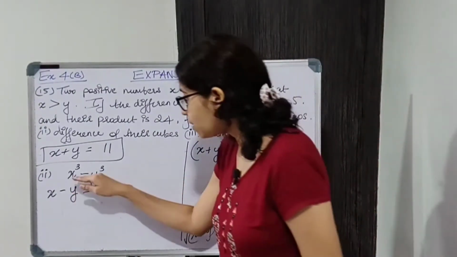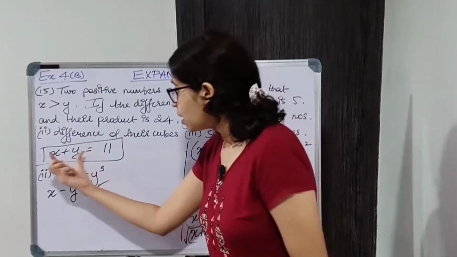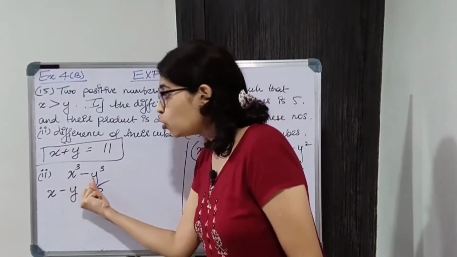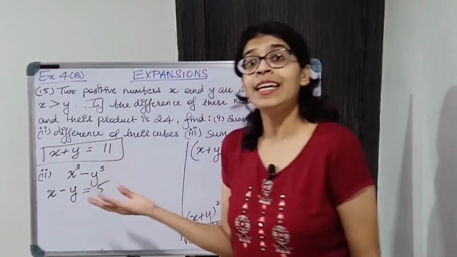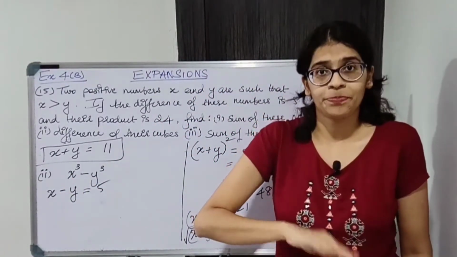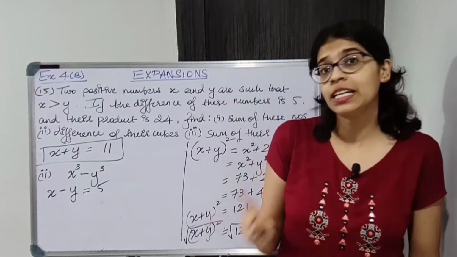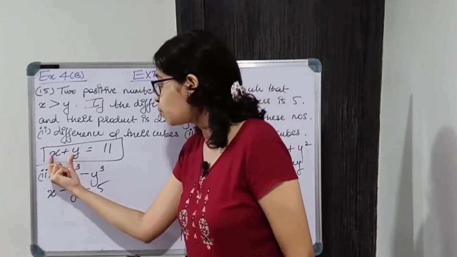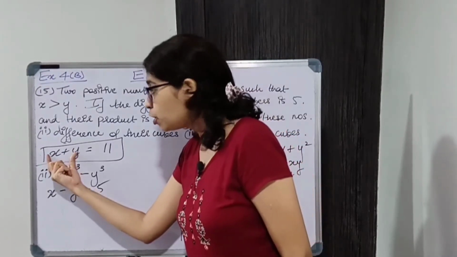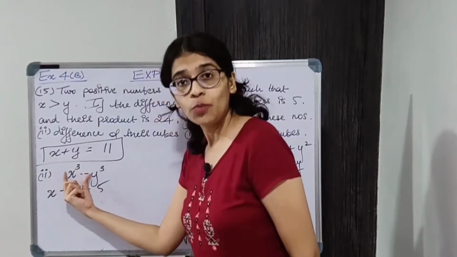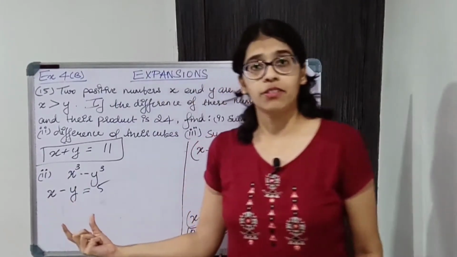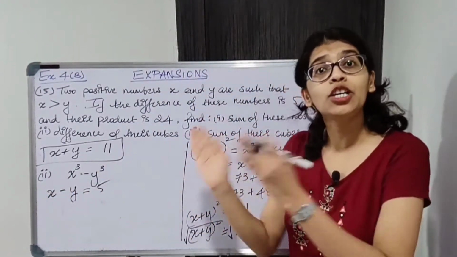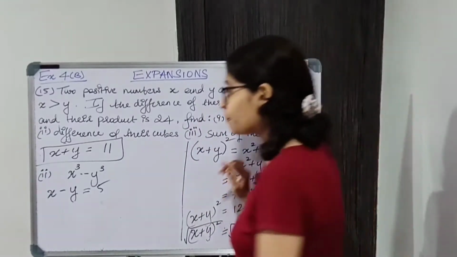So we'll derive this from this only. x plus y will not be useful over here because a cube minus b cube is the form, so for that we need a minus b. There should be a negative sign. Over here there is negative sign, here there is positive sign, so I cannot cube this to get this. To get this I need to take negative. Okay, so I'm taking this over here and now I'll cube it on both the sides.